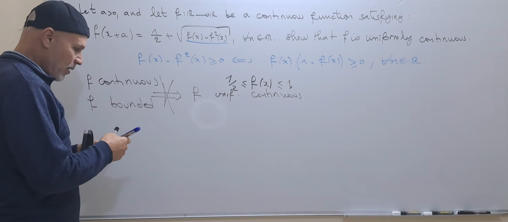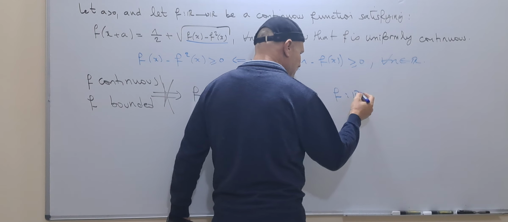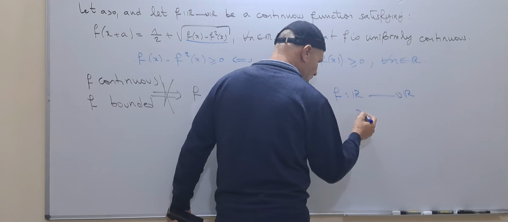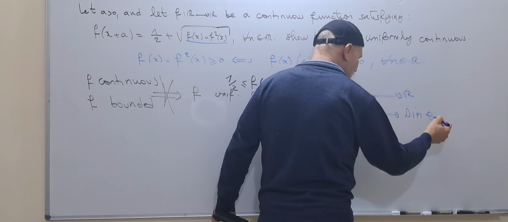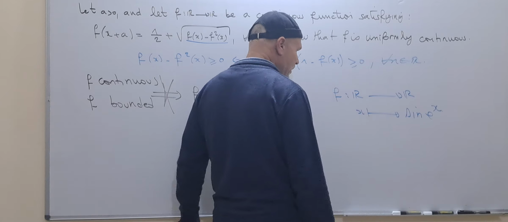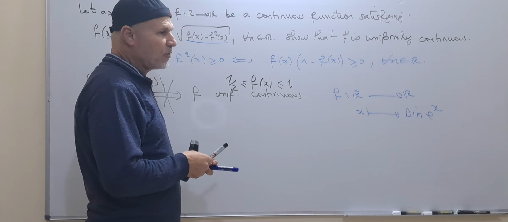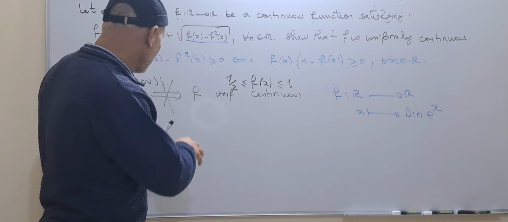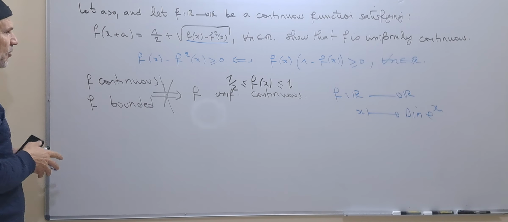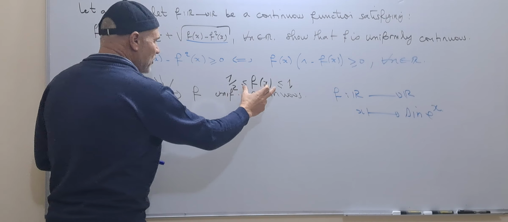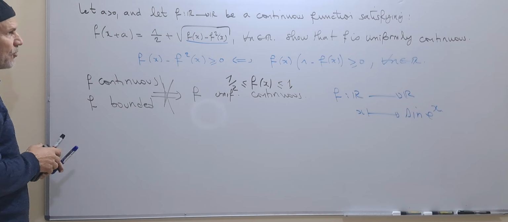To be sure, we can propose the function f from R into R, such that x is associated with sine of exponential x. This is a well-known function which is continuous, bounded, but not uniformly continuous. Here we verify that this function is bounded by 1/2 and 1, but we cannot say that it is uniformly continuous.